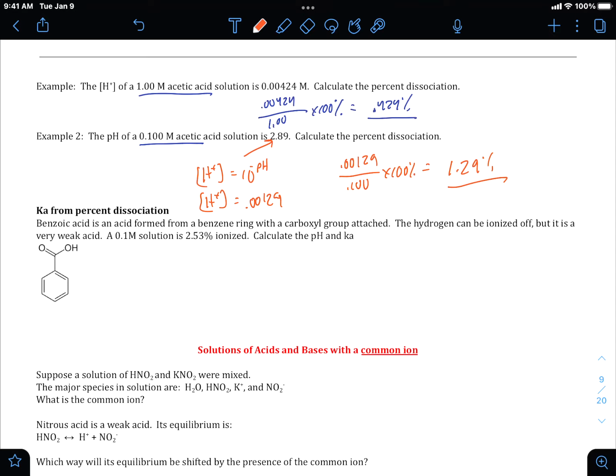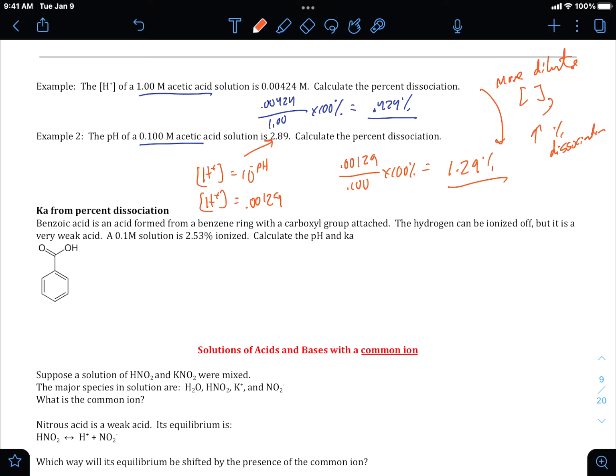Observations. What happened? What caused the difference in the percent dissociation? This was the same acid, acetic acid in both instances. But why is there a different percent dissociation? You have different concentrations. So the trend is, the more dilute the concentration, the higher the percent dissociation.